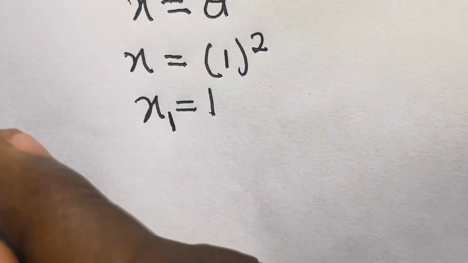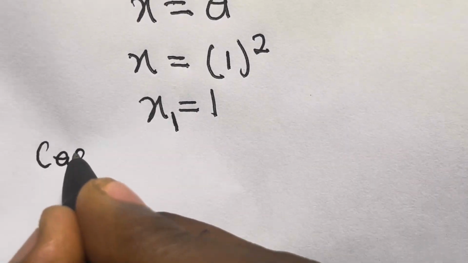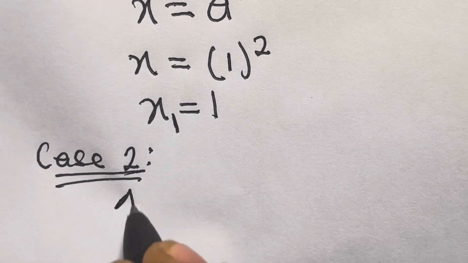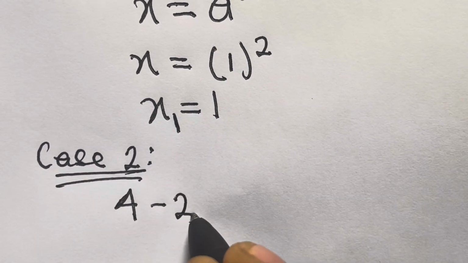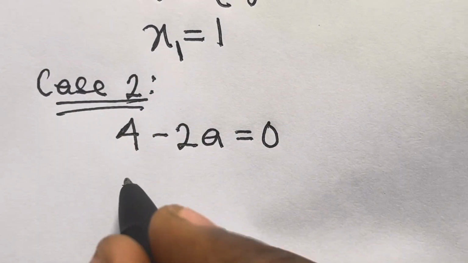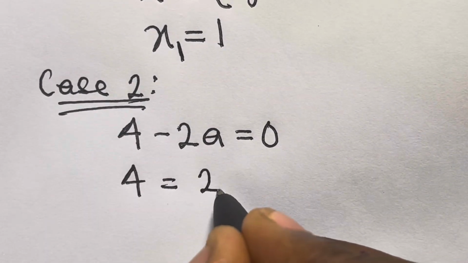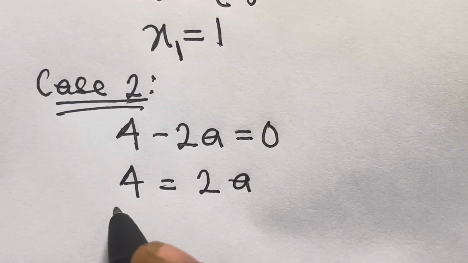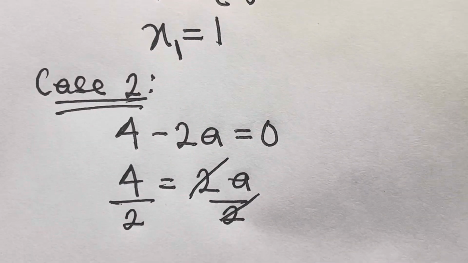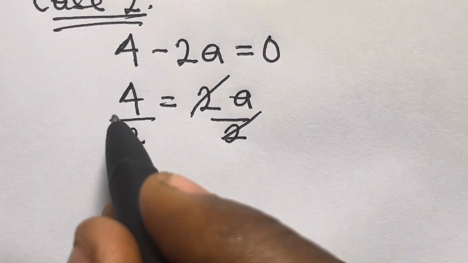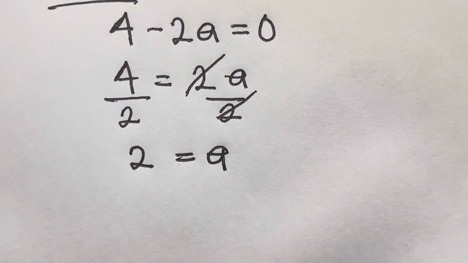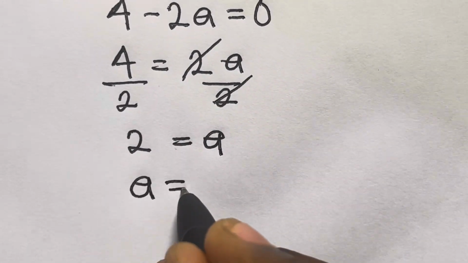So for the second case, that is case 2, we have 4 minus 2a equals 0. And we have 4 equals 2a. Right? So here we can easily divide both sides by 2. And we have 4 divided by 2 gives us 2 equals a. So which can make you declare that a equals 2.